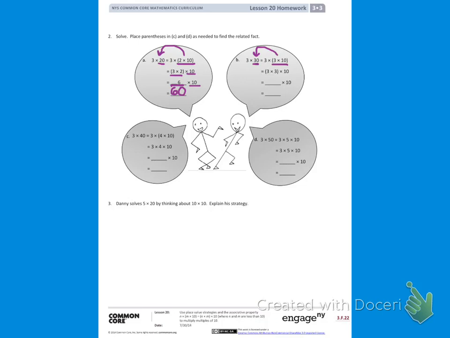Well, 3 times 3 is the same thing as 3 groups of 3, which looks like this. Here's 3 groups of 3. Now 3 groups of 3 is the same as 3, 6, 9. So 3 times 3 is 9.